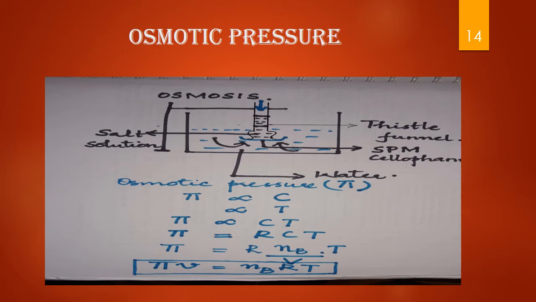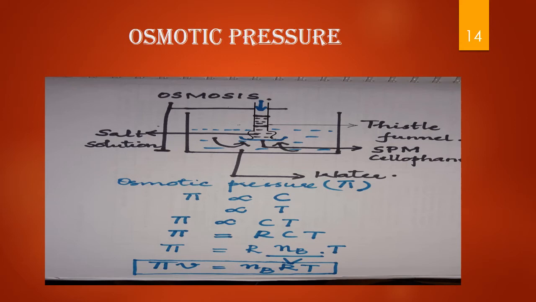On substituting the value of molarity, we get the equation pi V is equal to NbRT, where pi denotes the osmotic pressure, V is the volume of the solution, Nb is the number of moles of the solute, R is the universal gas constant, and T is the temperature.